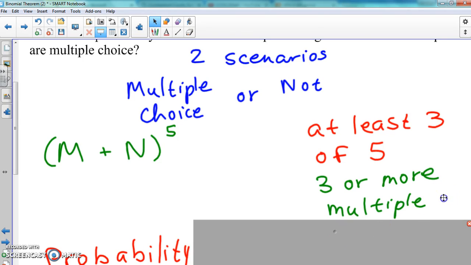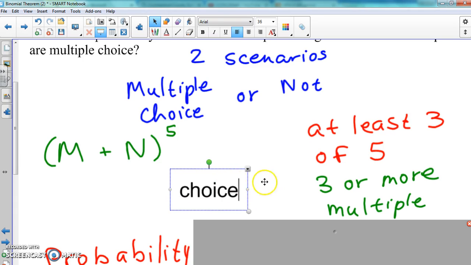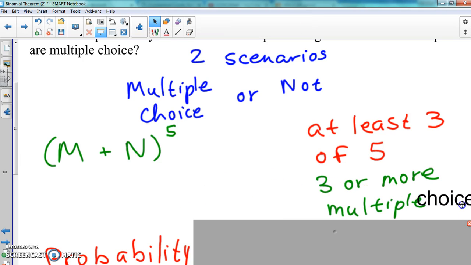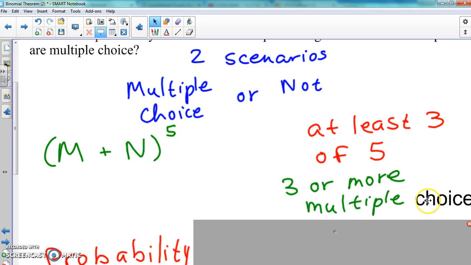So behind this should have the word choice. Multiple choice. There we go. So with that, we're not talking about the not multiple choice. We're talking about 3 or more multiple choice.